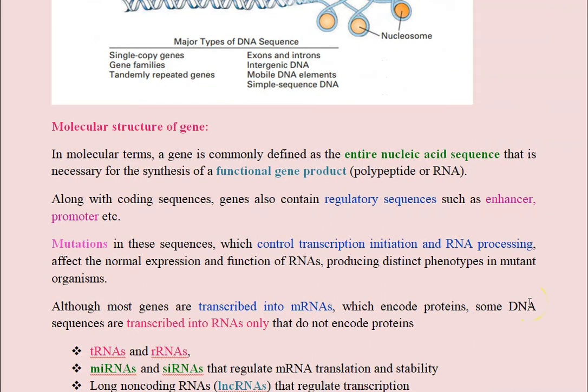Okay, so the molecular structure of the gene. In molecular terms, a gene is commonly defined as the entire nucleotide sequence that is necessary for the synthesis of a functional gene product.